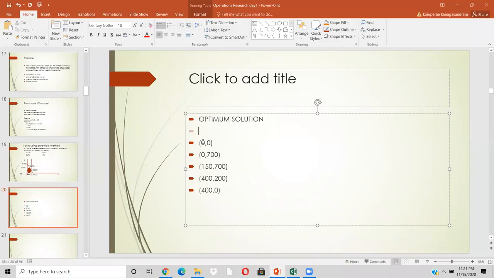This 0 means A is equal to 0 and B is equal to 0. Here A is equal to 0 and B is equal to 700.